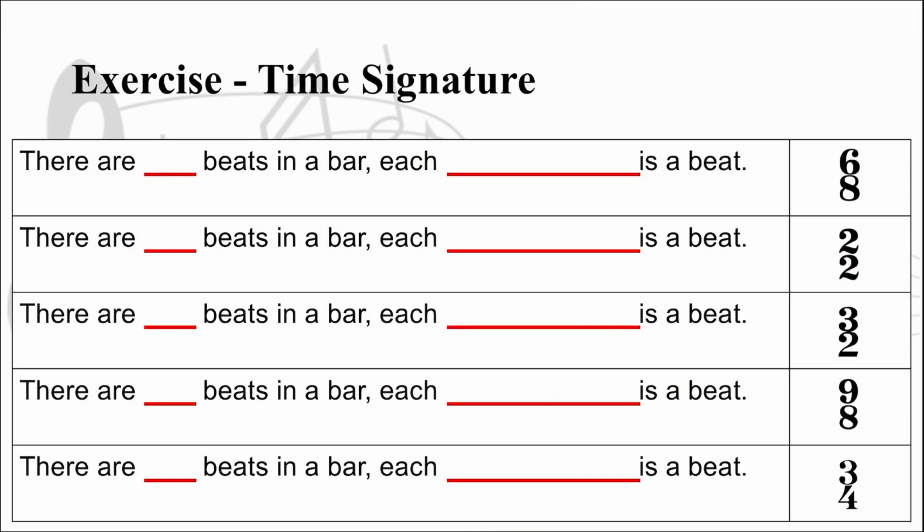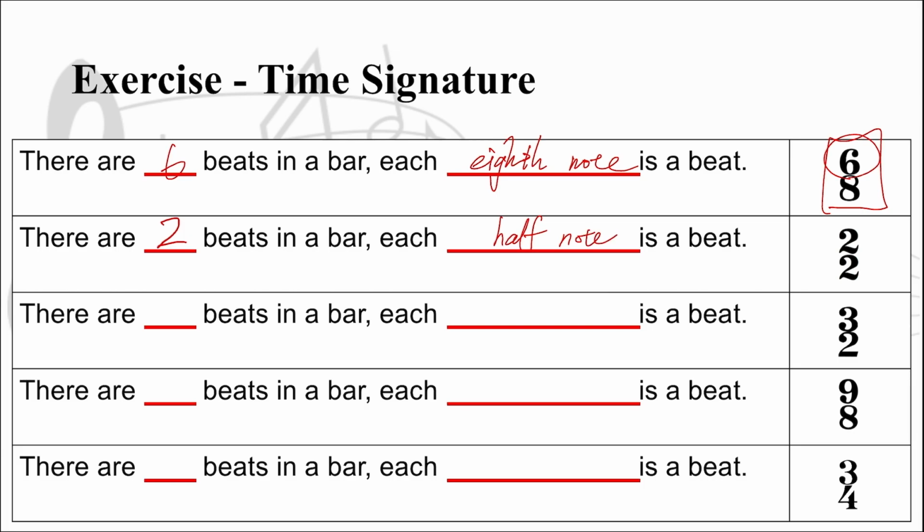Okay, so now is the time for exercise. How many beats are there in a bar under this time signature? Okay, it's very easy, right? The upper one will be here: 6 beats in a bar, and each eighth note is a beat. Okay, and this one is 2 beats, and each half note.